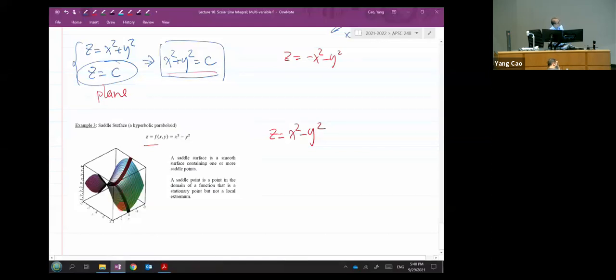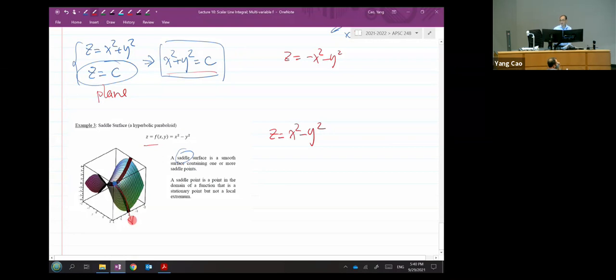So what does this surface remind you of? What kind of geometry does it remind you of? I think it says here, it's a saddle, like the horse saddle. Now, the thing about a saddle is, if you are situated right in the middle of the saddle, and you start walking in this direction, basically you're going downhill.